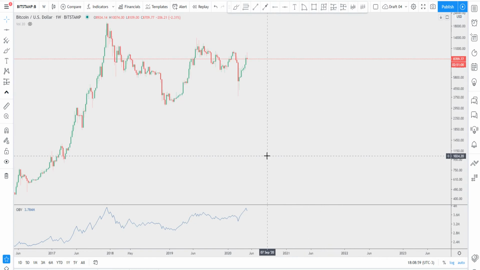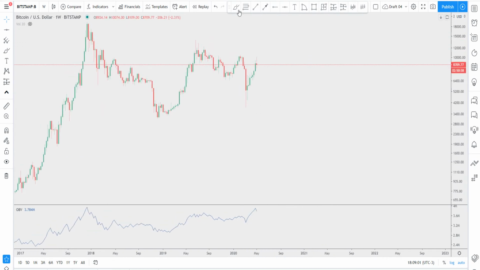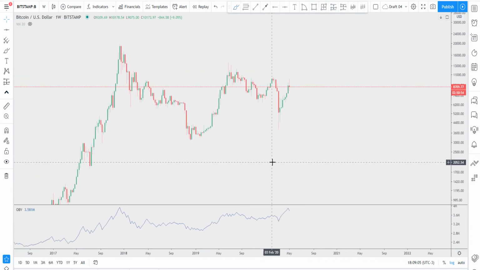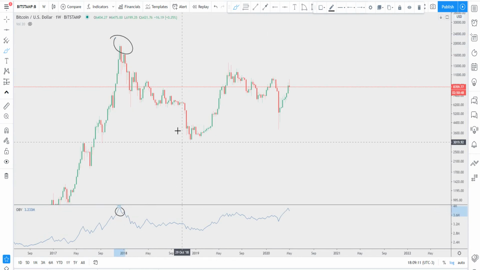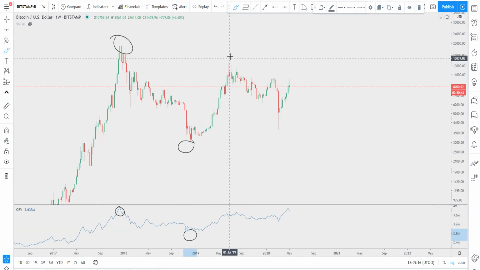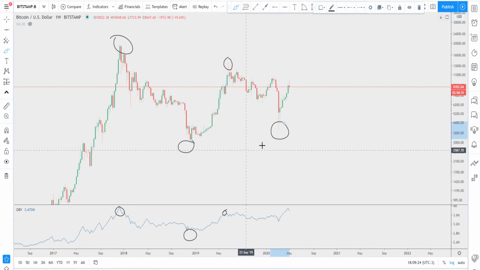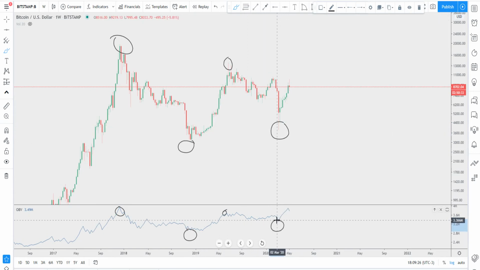I will highlight it so you guys have a better idea. This is our high, no news here, and this is our low, no news here. This is our lower high compared to the previous one, no news here. And then our higher low, no news here.